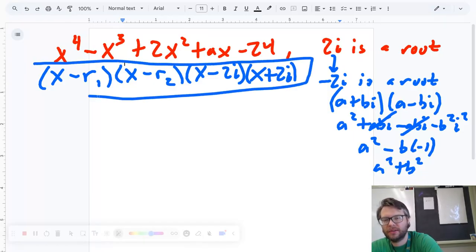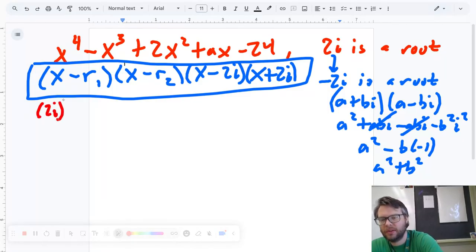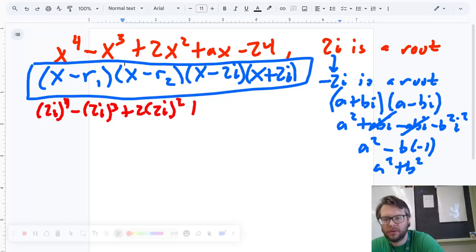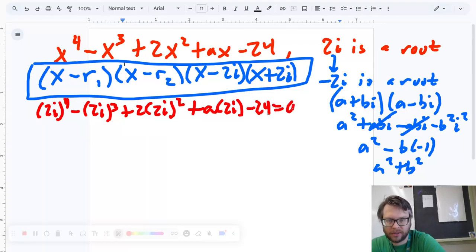I'm going to use the fact that 2i is a root, and I'm going to plug it in. If something is a root, that means if you plug it in, you end up with an answer of 0. So let's plug it in, and let's set it equal to 0. 2 to the 4th is 16.